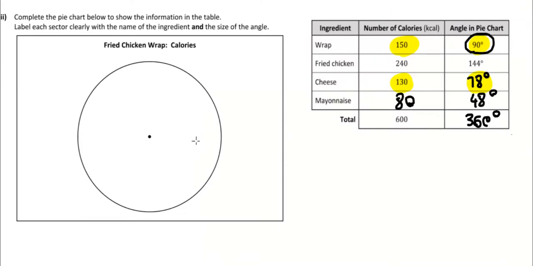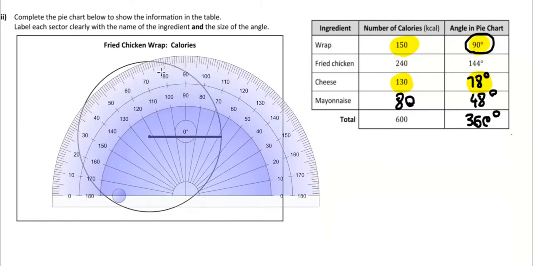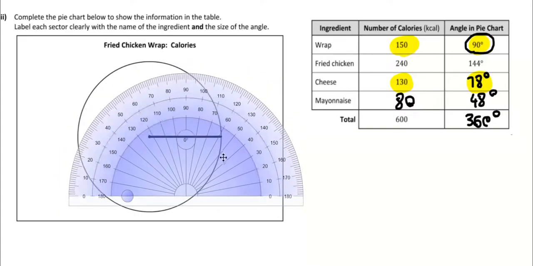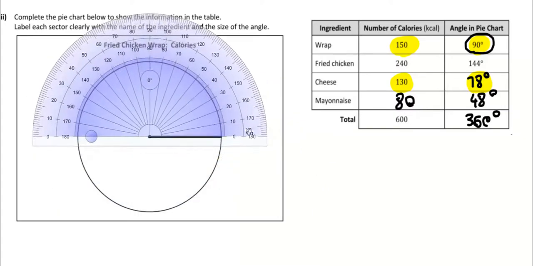Draw a line going to the right. Okay. Grab your protractor, which is here. Okay. Grab a protractor and let's have a look. Okay. I'm going to go for 144 degrees. Is that cool? So I'm going to grab this all the way and around here is 144.